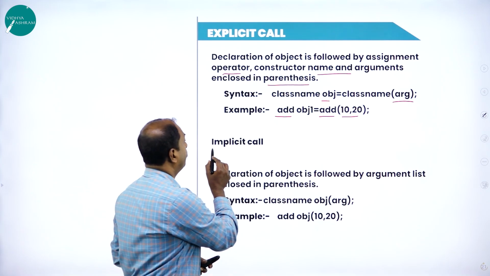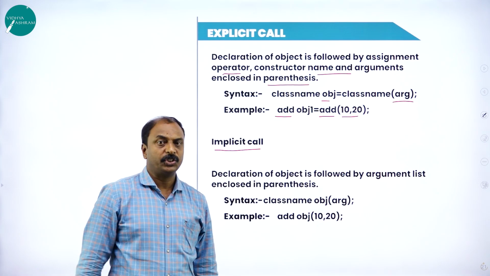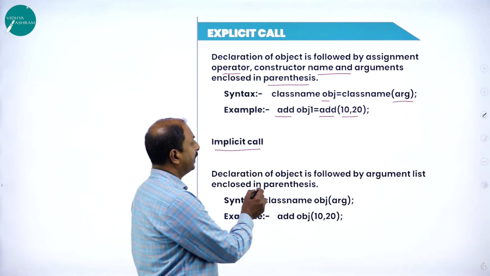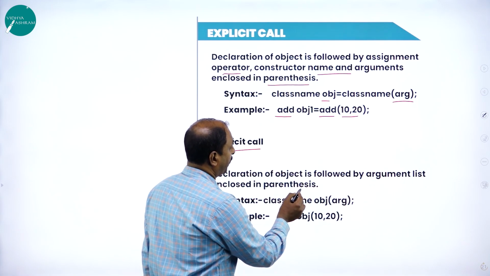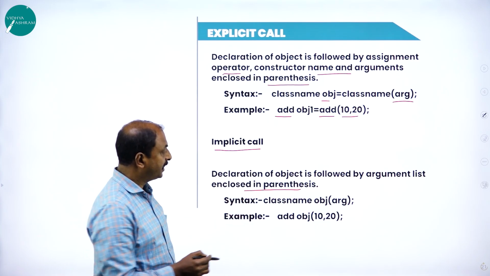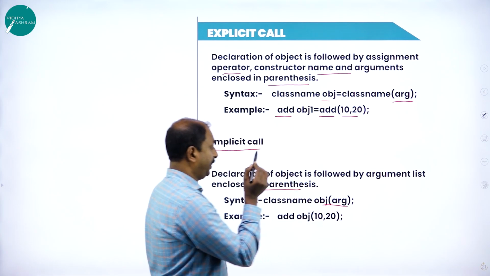Next one is implicit call. Another method of invoking constructor is implicit call. Here, declaration of the object is followed by argument list enclosed in parentheses. So, this is a definition. Syntax, class name, space, object name and argument.